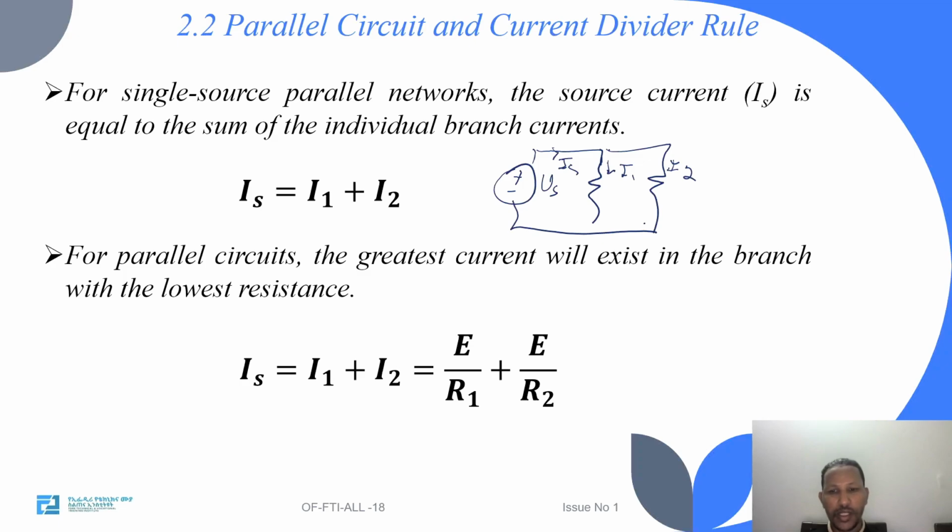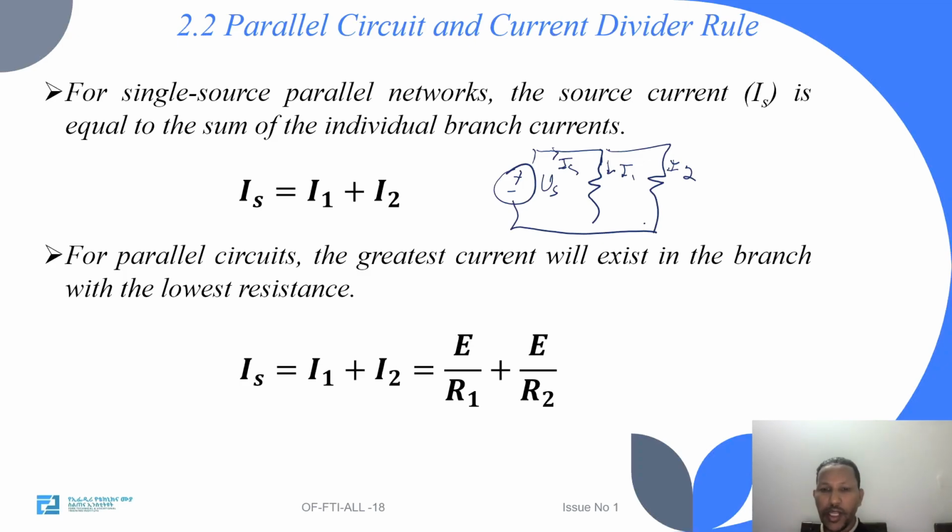This is the analogy of series connected resistors: the resistor with the highest resistance value will share the highest voltage from the source voltage, whereas in parallel connected resistors, the resistor with minimum resistance value will share the highest current from the source current. So that's very important.